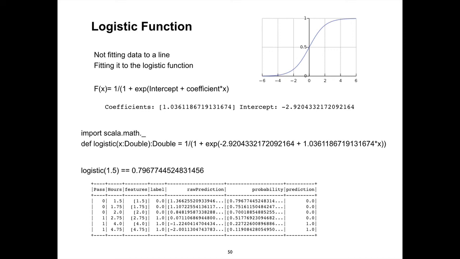That's the actual logistic equation that we're fitting. And this turns out to be very important when you get to neural networks. They use this as one of the functions that each neuron will use to train itself.